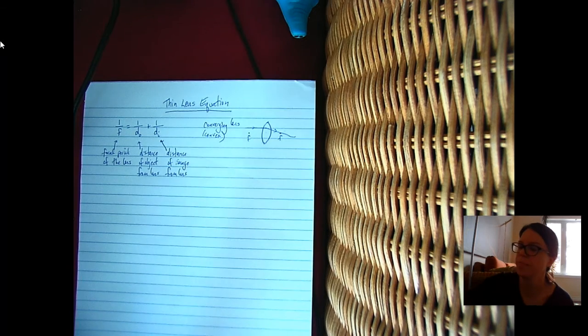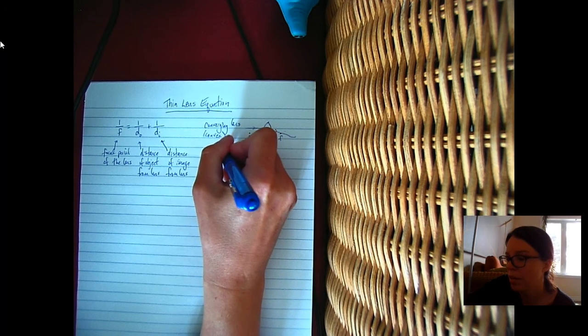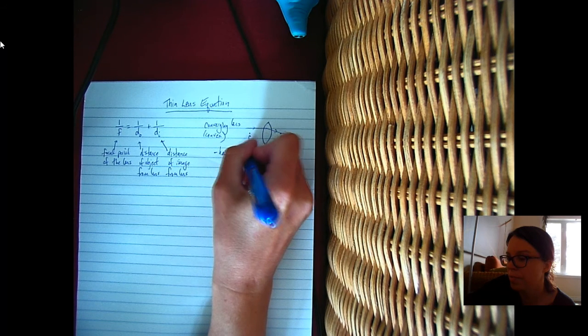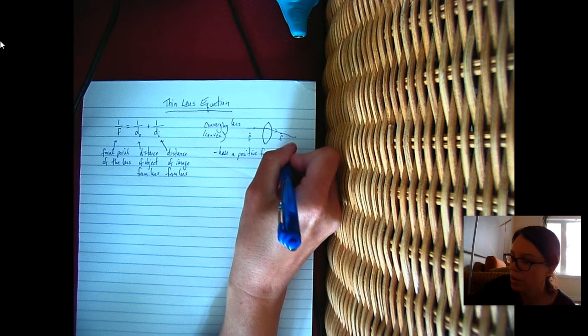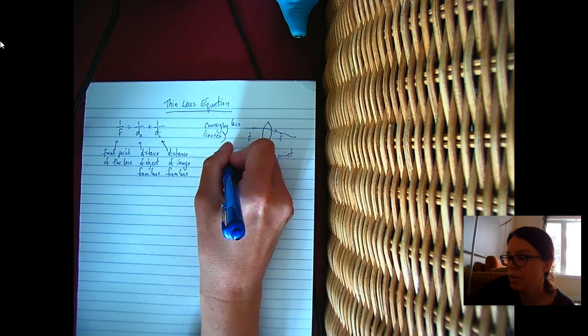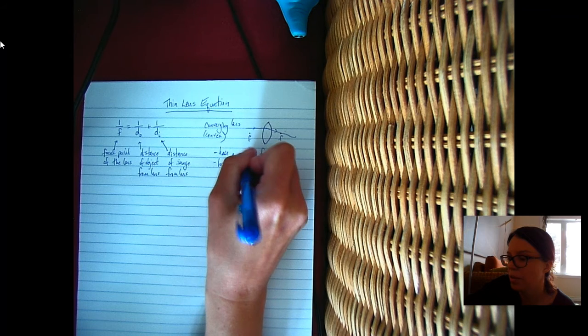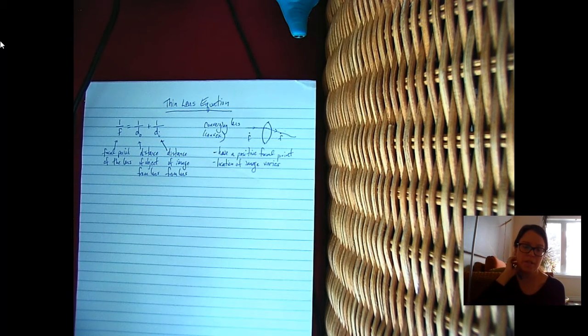And the location of the image varies. And it always varies because it depends on where the object is in relation to the focal point.